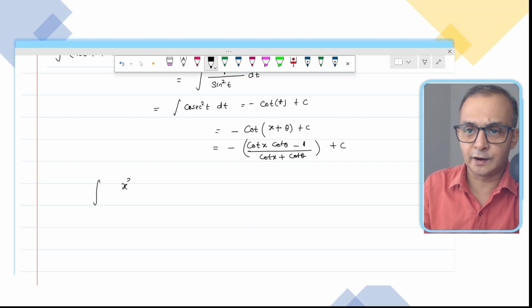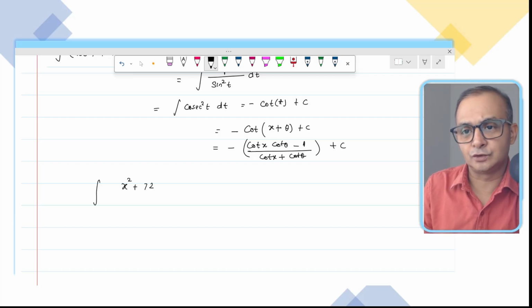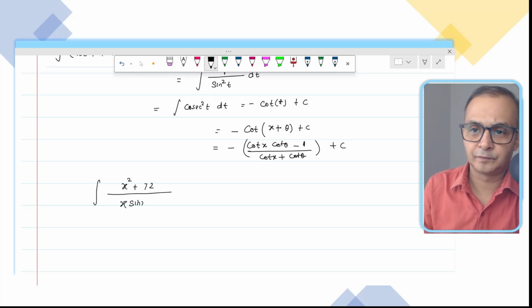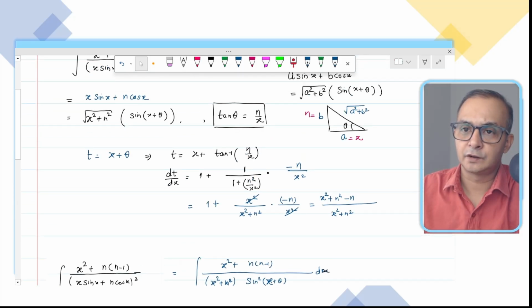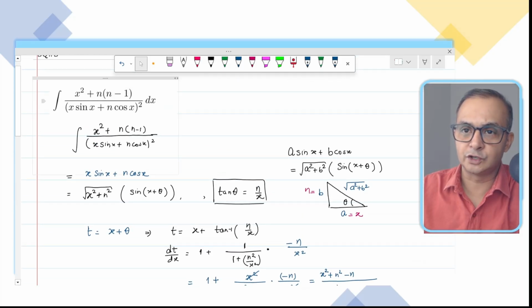Suppose you have x squared and this is, let's say, 72, and they will give you here x sine x plus 9 cos x and the whole square. So you notice, if you have experience of solving this question, you can see the n is replaced by a number 9.